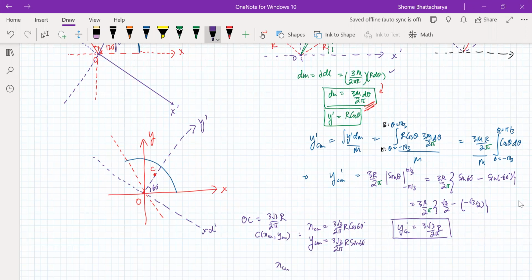So x coordinate of the center of mass in that system will become 3 root 3 r by 4 pi, and y coordinate of the center of mass will become 9 r by 4 pi.